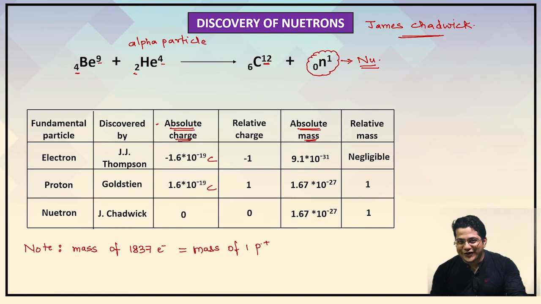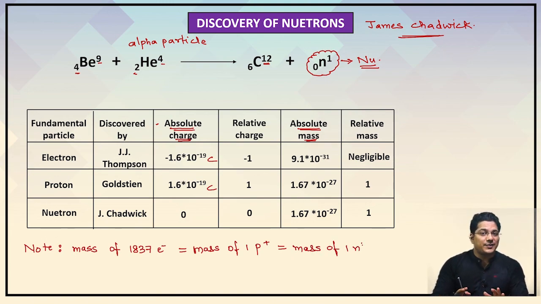And because the mass of 1 proton and the mass of 1 neutron are absolutely the same, this could also be written as the mass of 1 neutron. So if anybody asks what the mass of 1 neutron is, you can say it's equal to the mass of 1837 electrons. Or I could simply say 1 proton is 1837 times heavier than an electron.